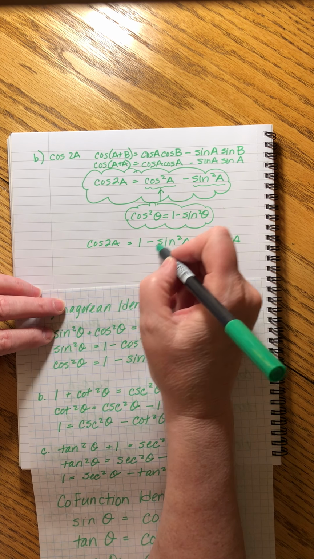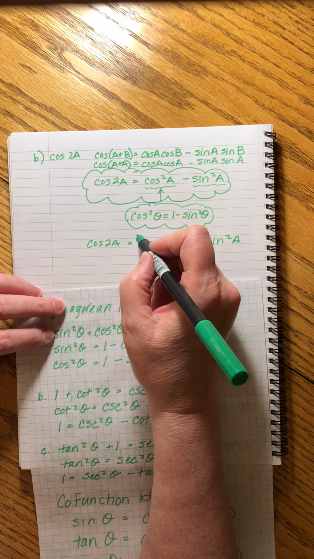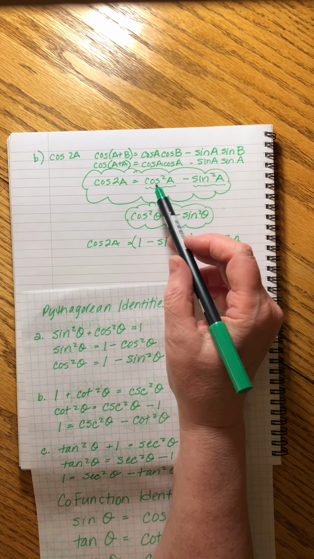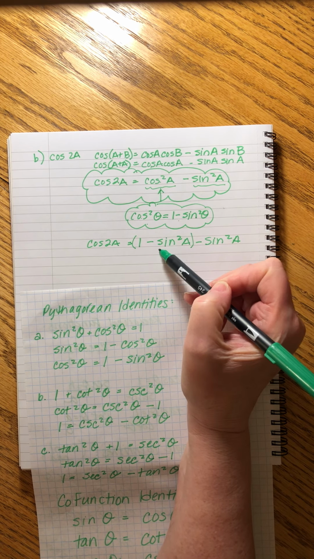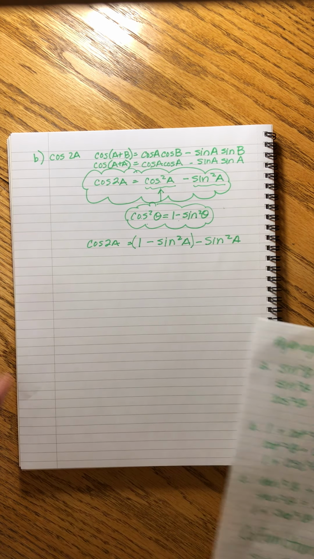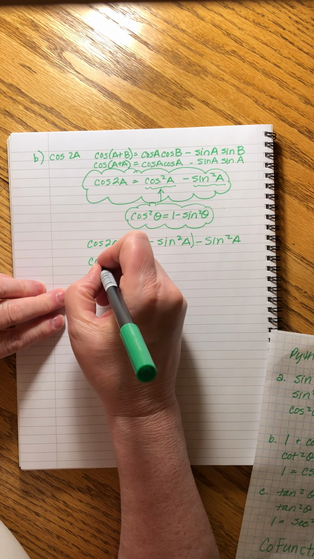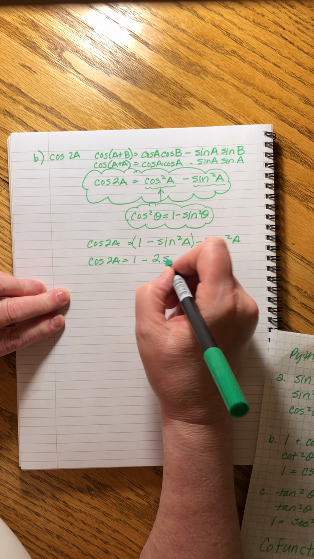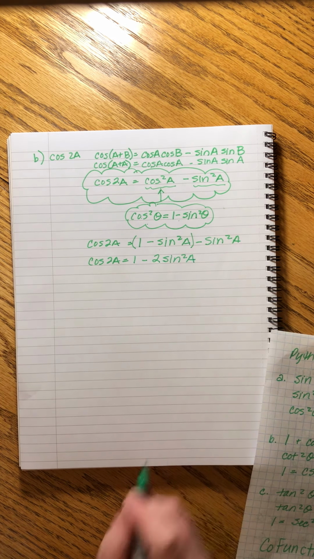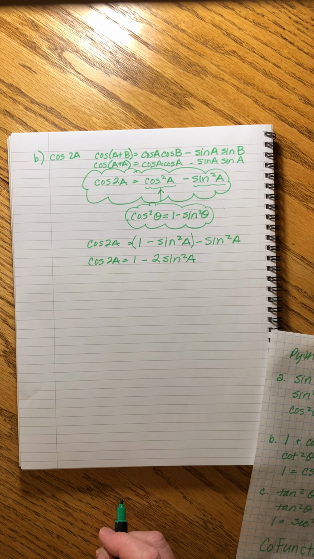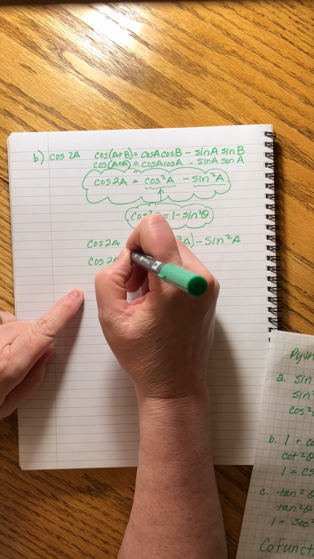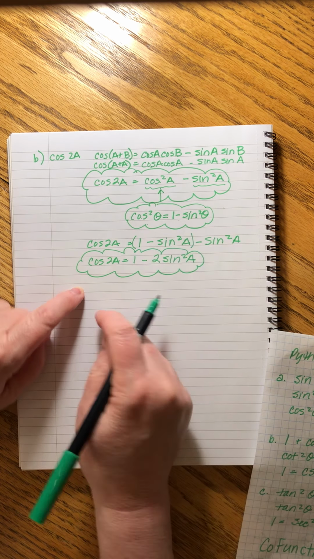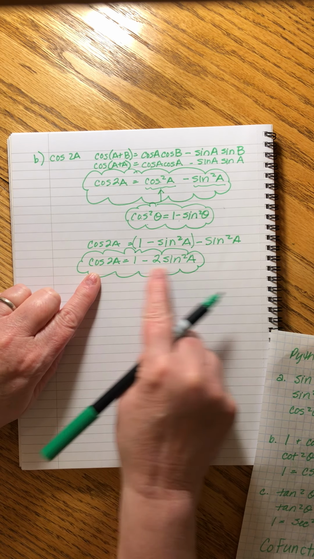See, this is the part that we substituted in, right? Cosine squared theta equals 1 minus sine squared. So there's the cosine squared, so now we put in the 1 minus sine squared. Oh, that's interesting. So then we get cosine of 2a equals 1 minus 2 sine squared a. Oh, this becomes the second form of the cosine double angle identity, okay?